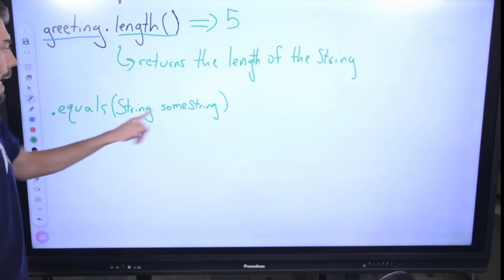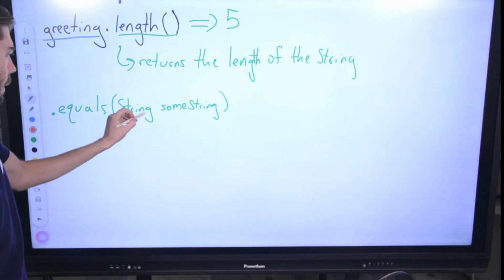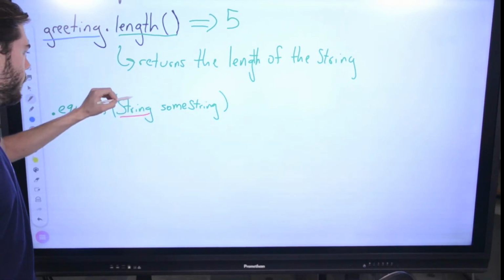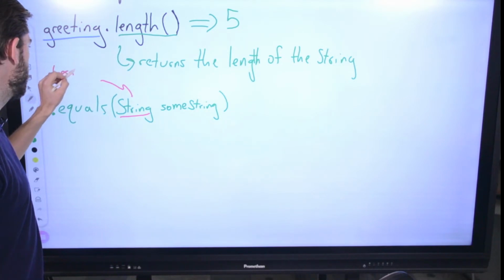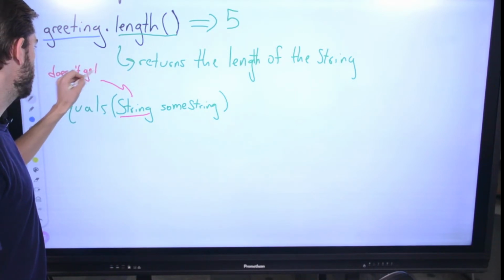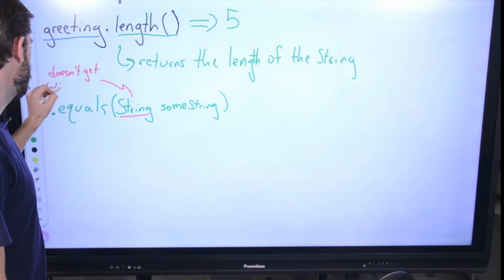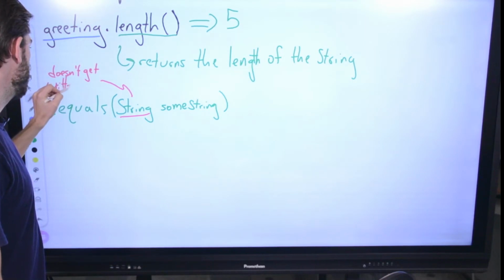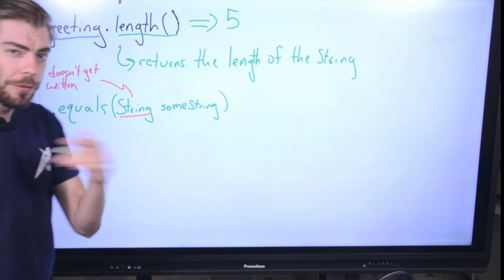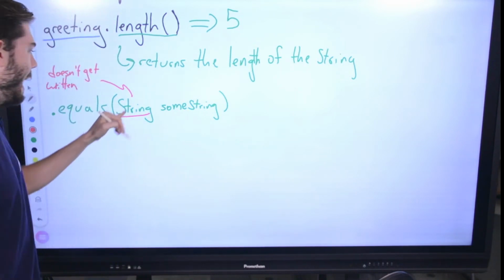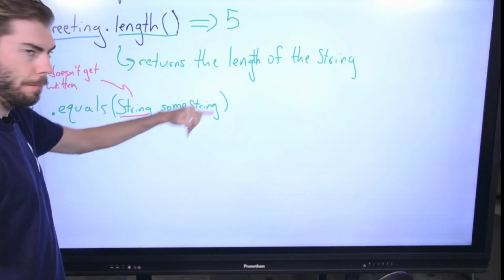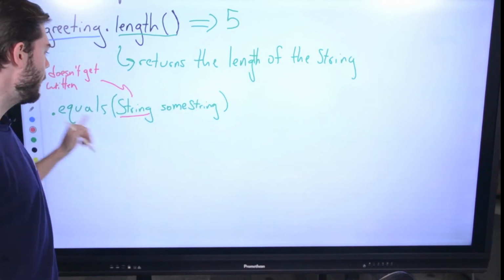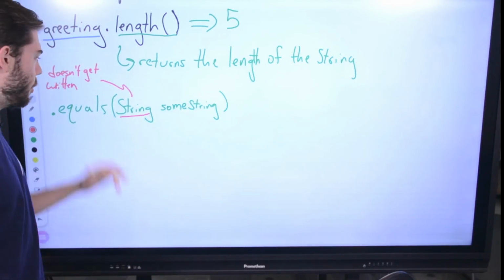So we don't actually write this. It doesn't get written. It's information for you as the programmer of what type of data you can put in between these parentheses in order for this method to work.